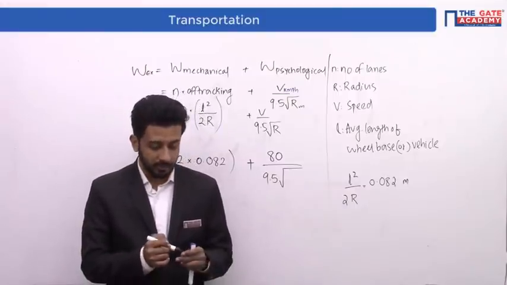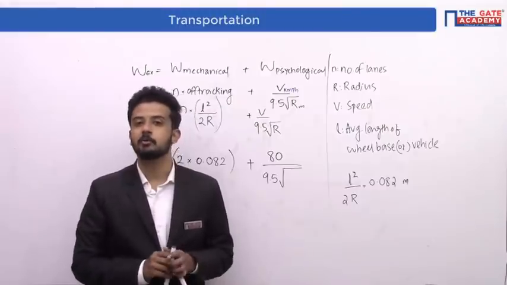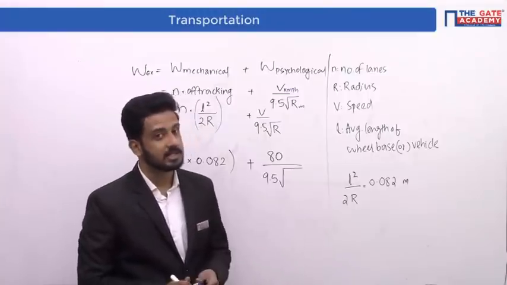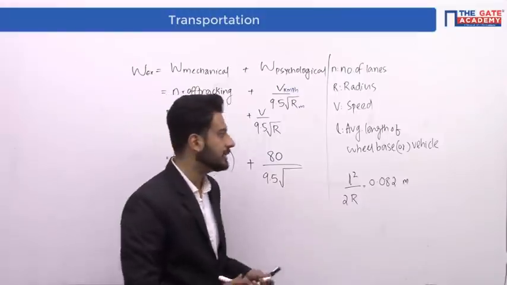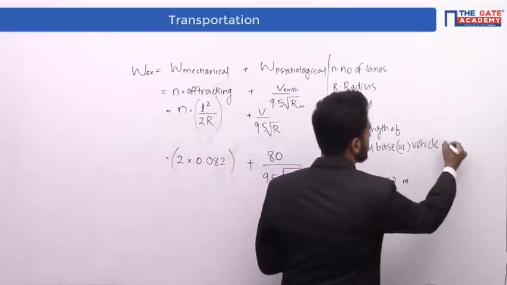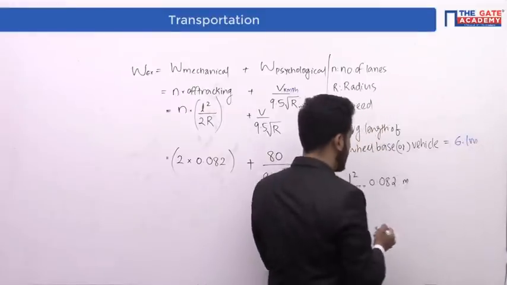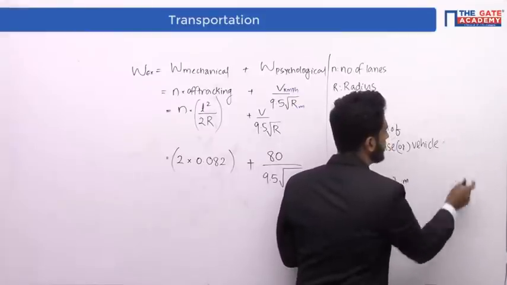No. Whenever they are not giving it, there will be a value as per IRC. The average length of wheelbase as per IRC is 6.1 meter.